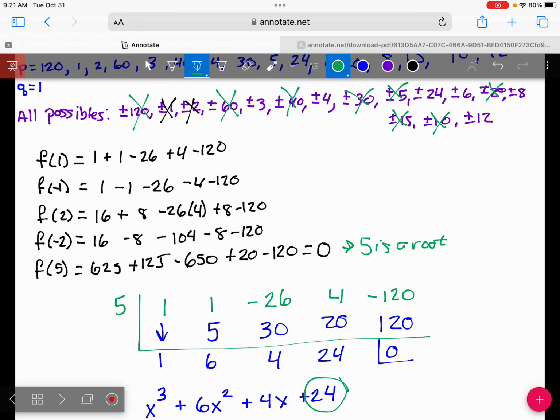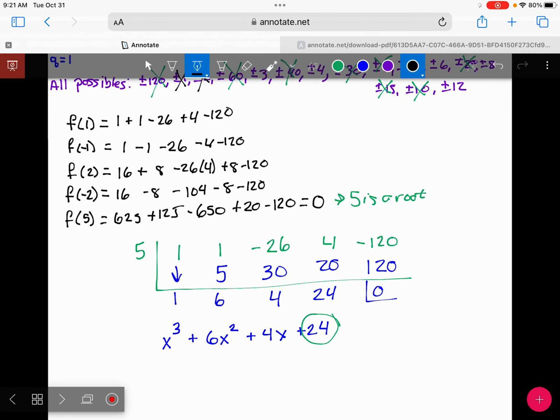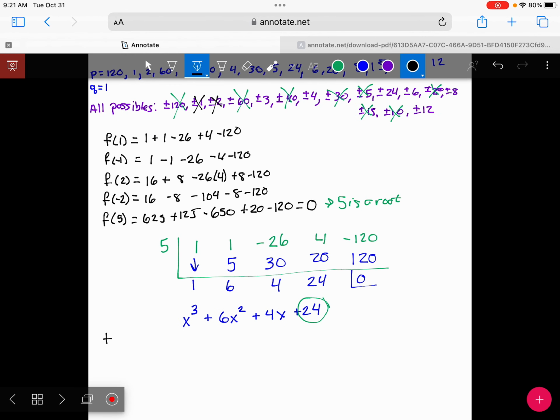So we're down to, and if you want to, you can rewrite it so that we see. We're down to plus and minus 3, plus and minus 4, plus and minus 24, plus or minus 6, plus or minus 8, and plus or minus 12.